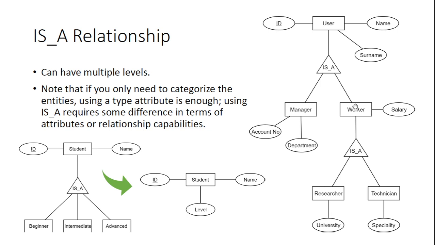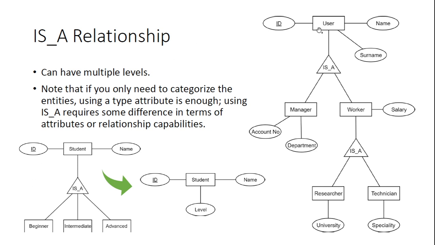And there are two different kinds of workers, for example, researchers and technicians. For researchers, we keep the university name, but for technicians, we are keeping the specialty of that technician. And maybe for these different children, we can define different relationships as well. So that's also one possibility.